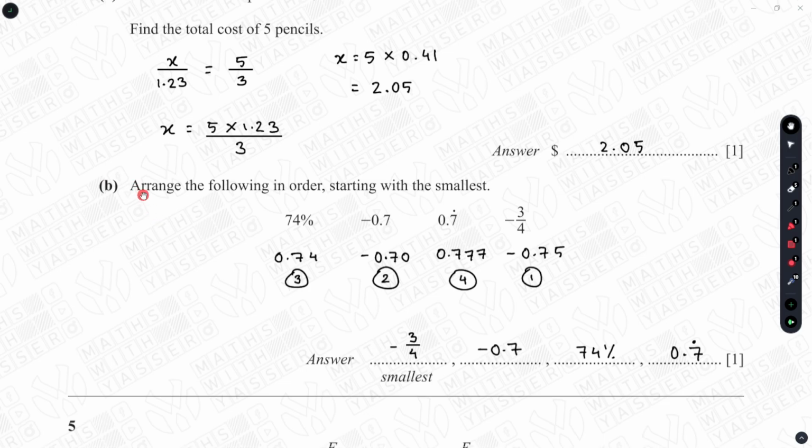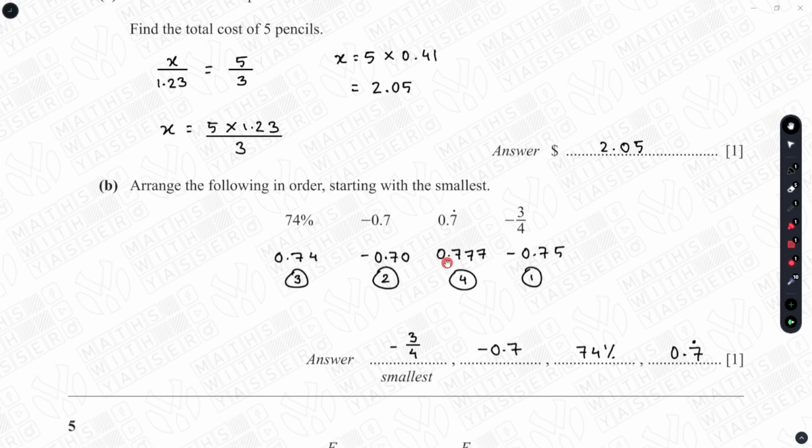Then it says, arrange the following in order, starting with the smallest. So 74%, if I convert it into decimals, it will be 0.74, and minus 0.7 can also be written as minus 0.70, and 0.7 with a dot on top of the 7 means that this number 7 is a recurring number.